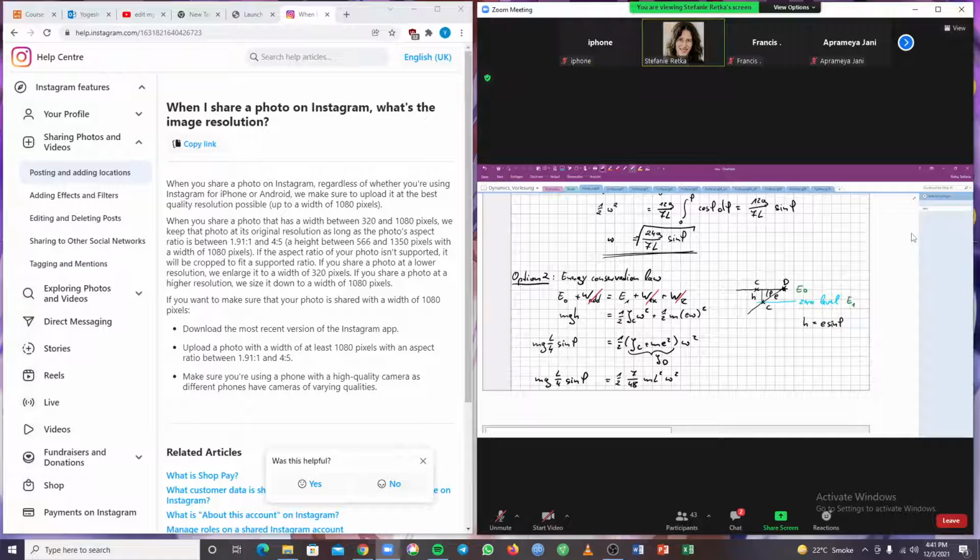Again, mass cancels, one length cancels. And we can rearrange for omega, which results in the square root of 24g over 7l times sine phi. And of course, we obtain the same result as when we used option 1. It has to be identical.